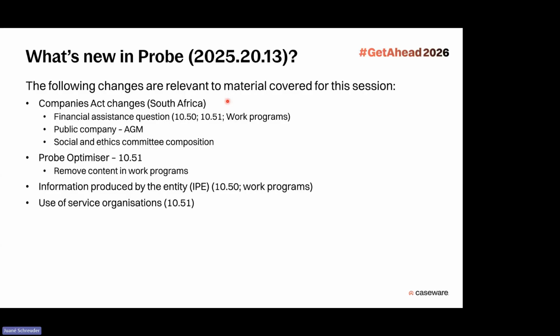An example of what has been included is questions with regards to financial assistance. There were always questions about financial assistance, and they are still in there, but the questions have been amended to accommodate the Section 45 requirements. What is that testing that you've got to do? The wording has left me.